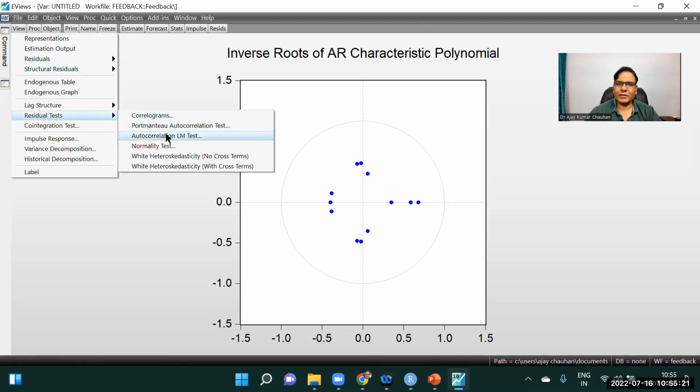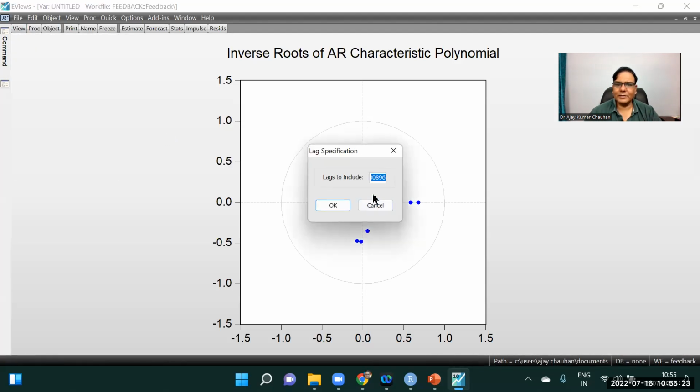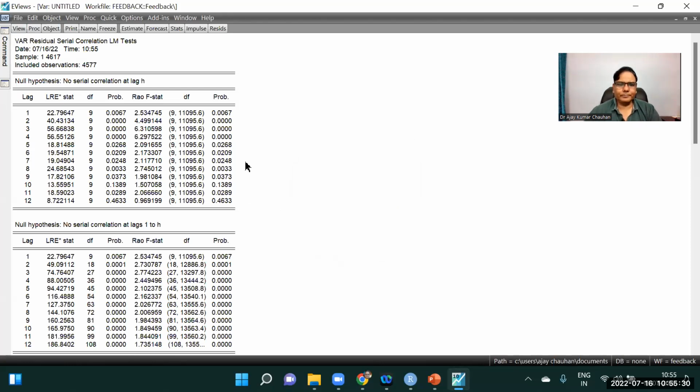In residual test, LM test, so in daily data, it is creating a problem. So we can see a lot of significant autocorrelations.